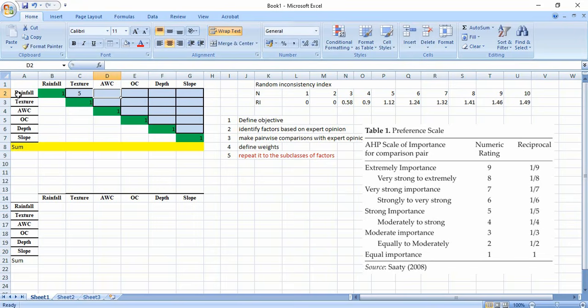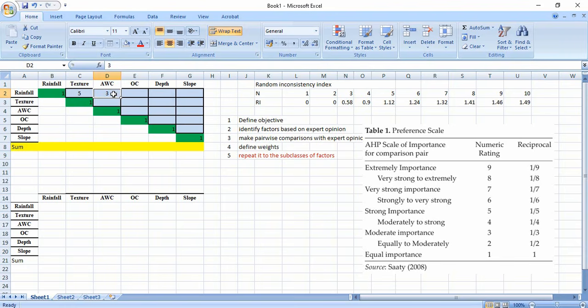Similarly if you find that between rainfall and AWC, again rainfall is important but not much, if your expert suggests it's moderately important, so you have to write 3 here. And remember we are comparing first pair, in the pair first is rainfall, then AWC, then we are using 3.